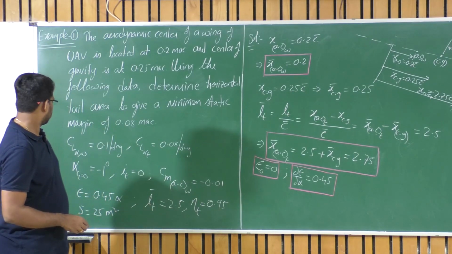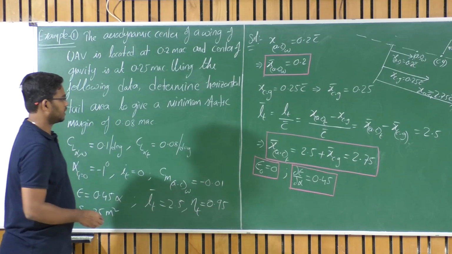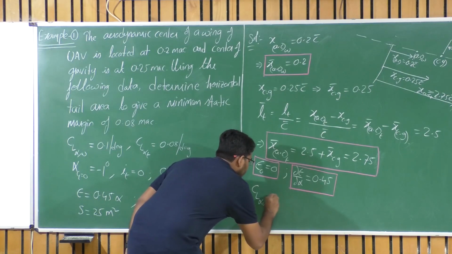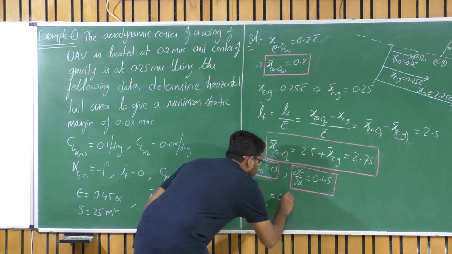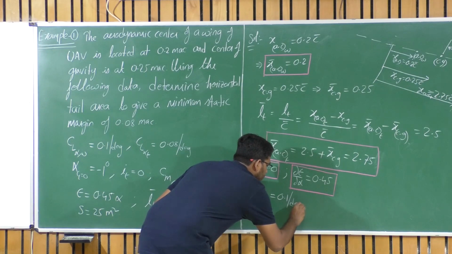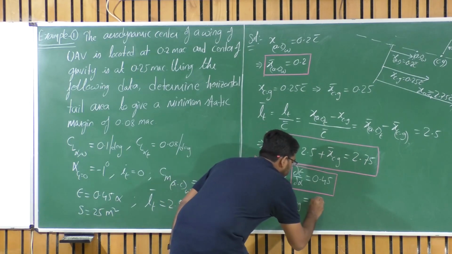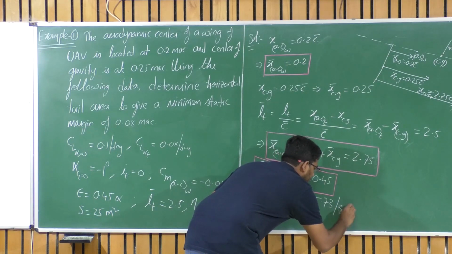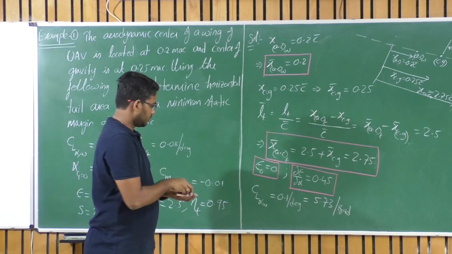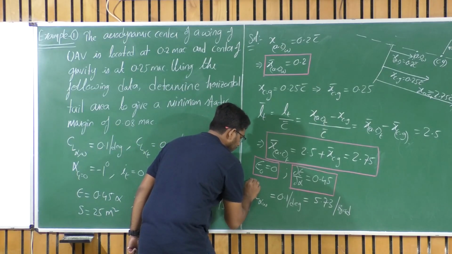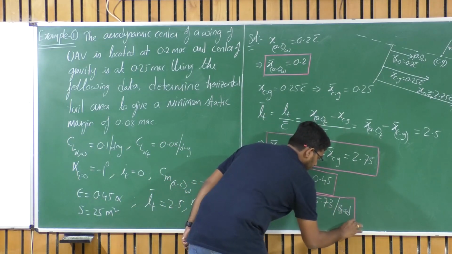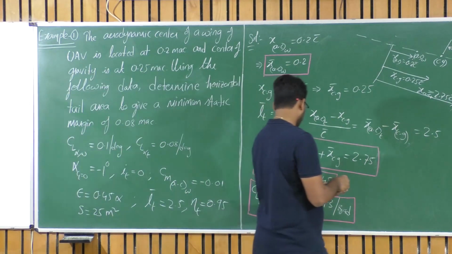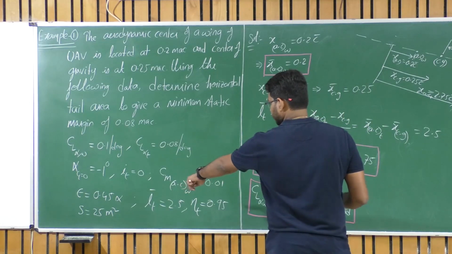Right. So CL alpha of wing is given, let's convert it into radians. CL alpha of wing is equal to 0.1 per degree, which is equal to 5.73 per radian, right. Yeah, this is 5.73 per radian. We have another value, and then we can also talk about CL alpha of tail, which is how much?